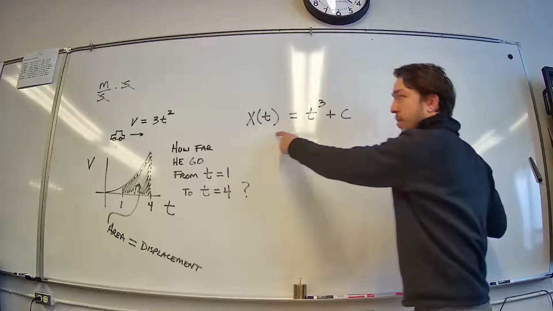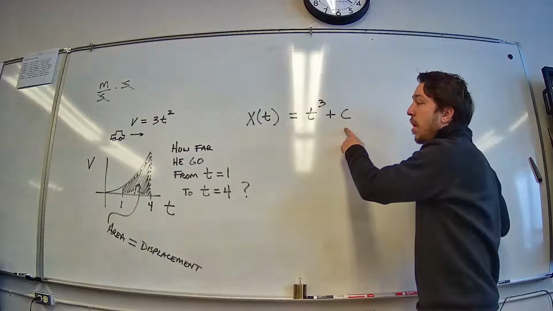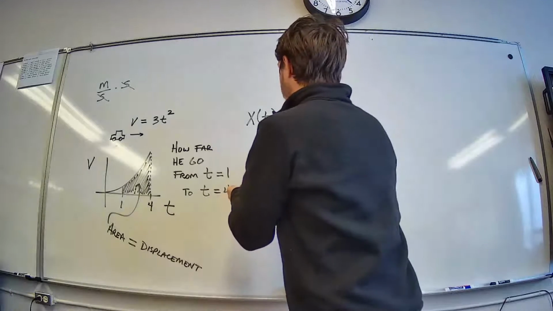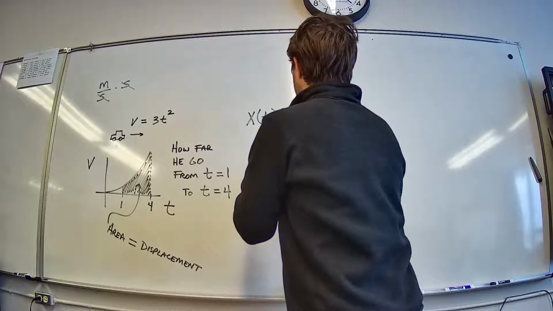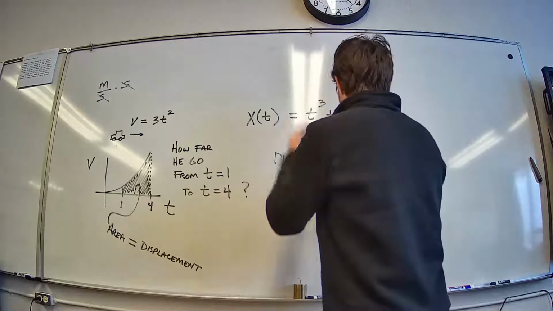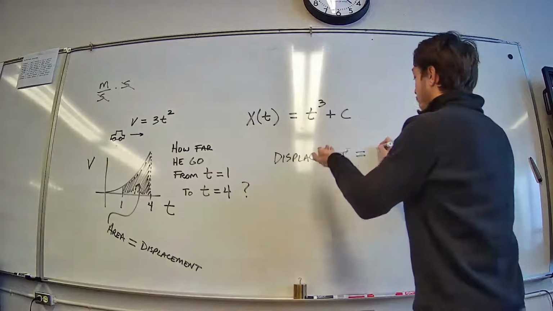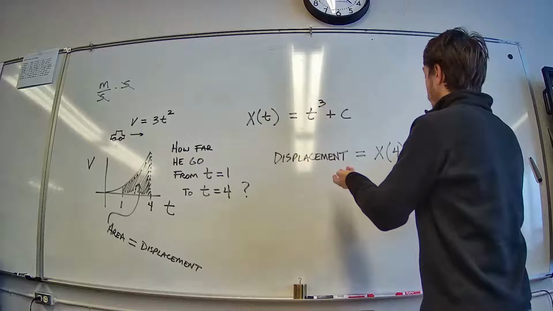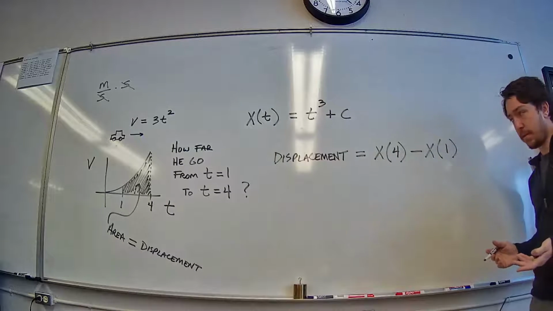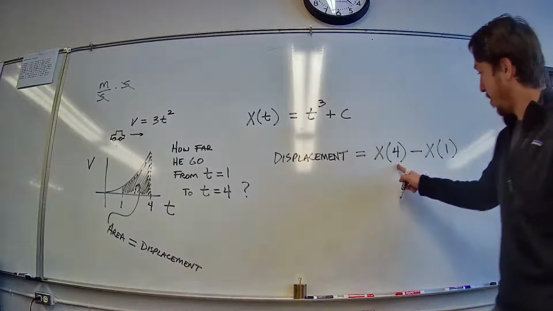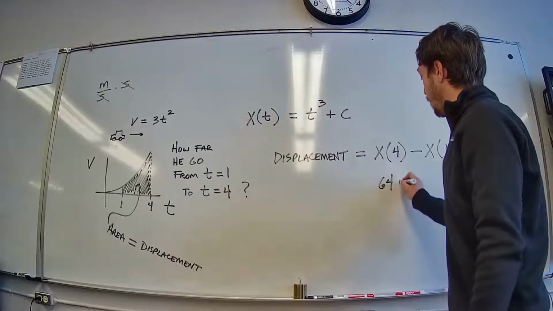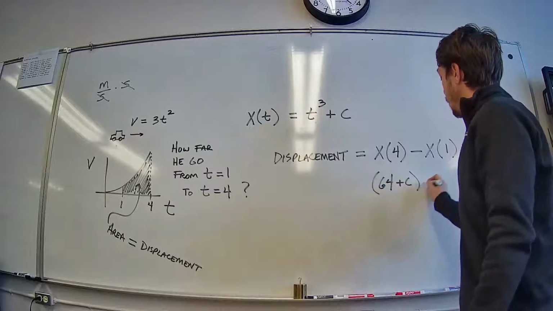So you guys still with me here? And then all you'd have to do is say the displacement would be the position at time 4 minus the position at time 1. So what would that be? x of 4 would be 64 plus our constant.